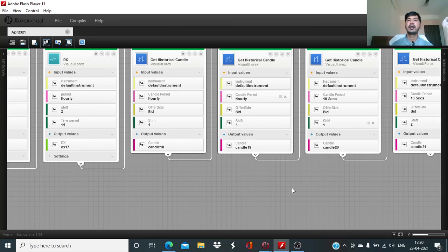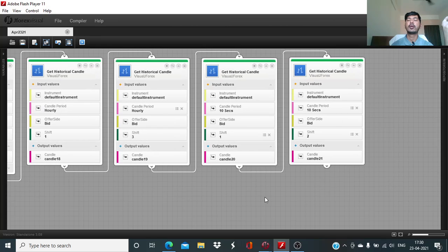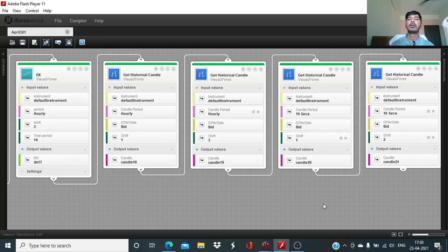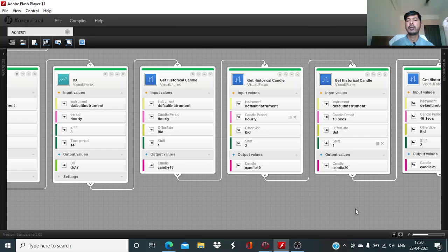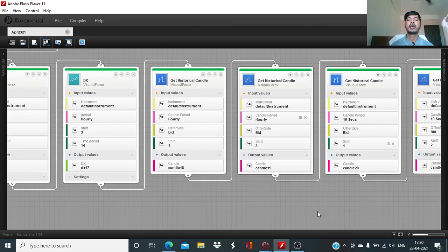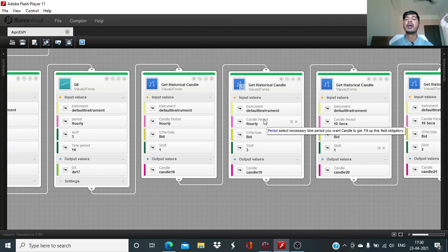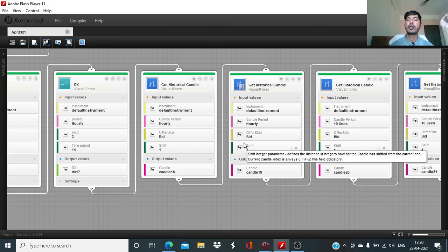and as I said, we are also going to rely on the price volatility. So we will see that there should be a good enough price difference between the opening and the closing values of these two candles. In case of a buy trade, we will compare the difference between the opening and the closing value.